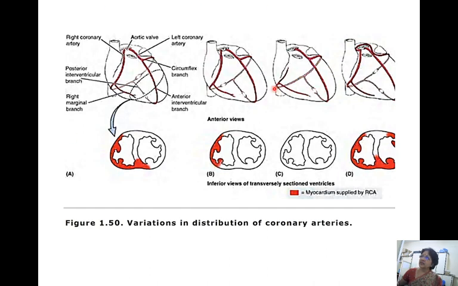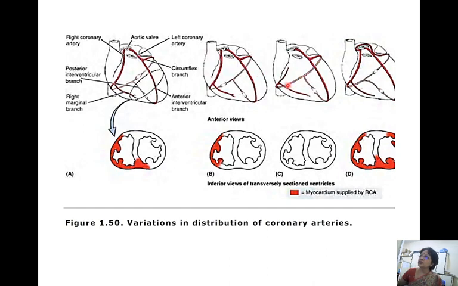In this one, there is a neat equalization between left and right. So the area of anastomosis, blood from here and blood from here, are both being supplied in the posterior. The left coronary is giving this, and the other coronary is also giving this. Here it looks like the right coronary is not contributing at all.